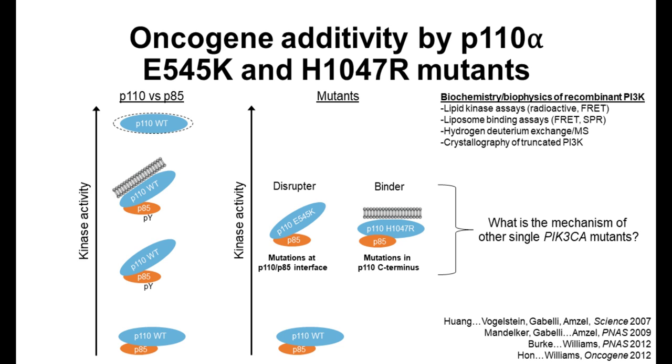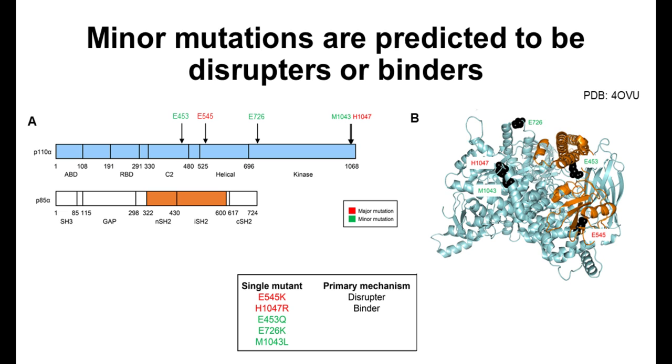Now, what is the mechanism of these other second-site mutations that we identified? In panel A, this is a domain schematic showing the location in green of the second-site mutations, 453, 726, and 1043. In panel B, this is the crystal structure with all three of these mutational positions, and 545 and 1047, shown as black spheres.